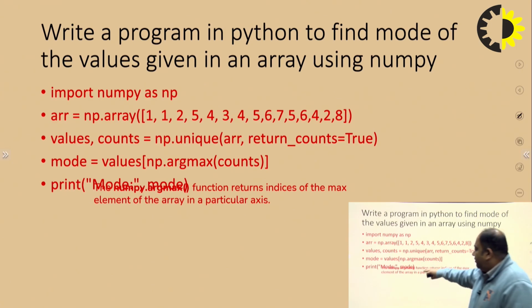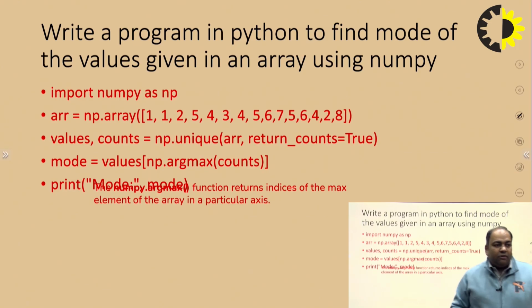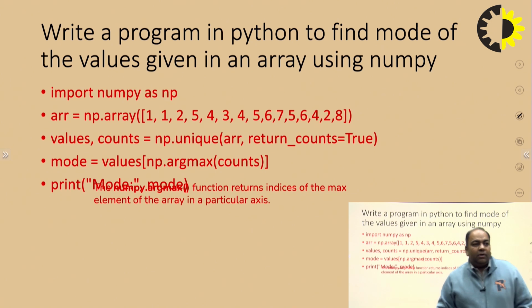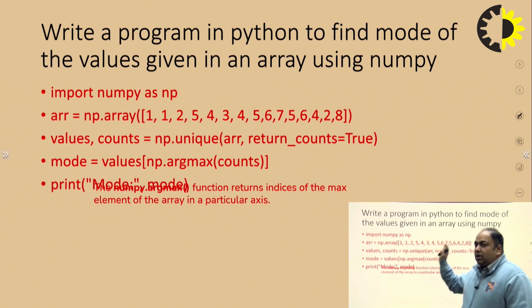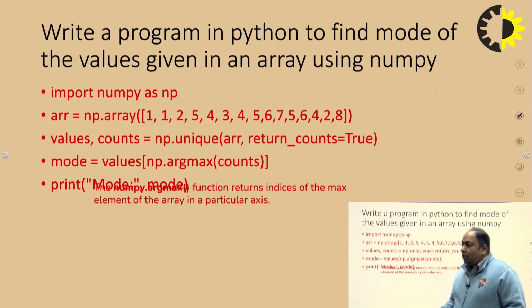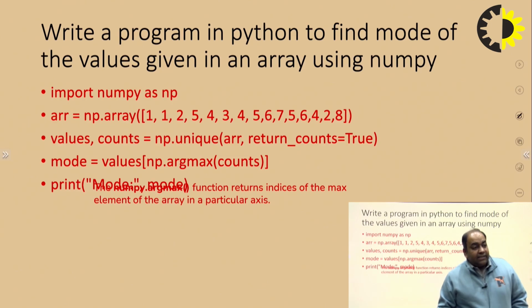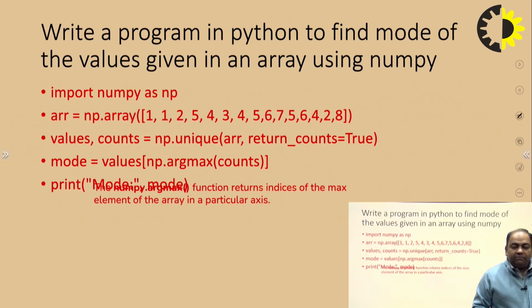Through this we found the mode of these values, and the numpy argmax function returns the indices of the maximum element of the array along a particular axis. So through NumPy we make mathematical computations very easy. We do these calculations without using any formula. We just give the names of those mathematical functions in NumPy and we find the output.